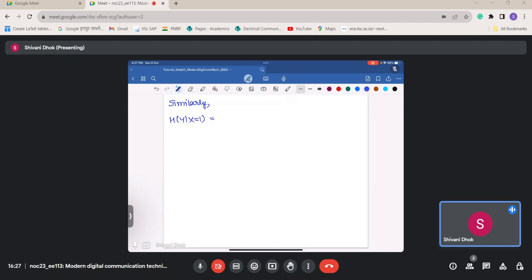That will be probability that Y equal to 0 given X equal to 1 into log of 1 upon probability that Y equal to 0 given X equal to 1, plus probability that Y equal to 1 given X equal to 1 into log of 1 upon probability that Y equal to 1 given X equal to 1.